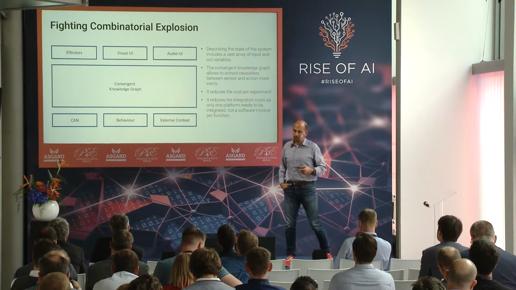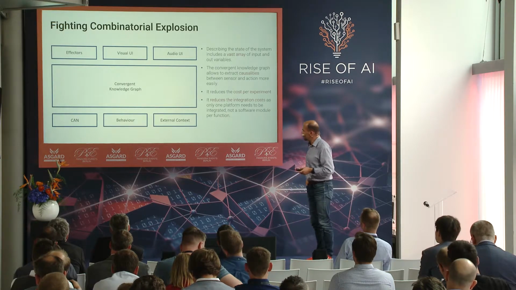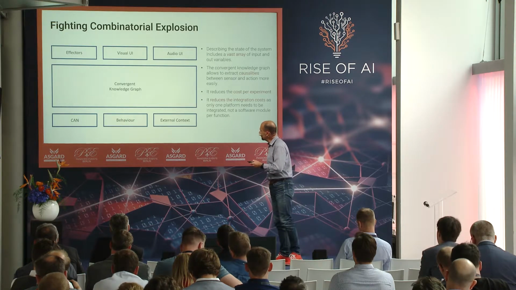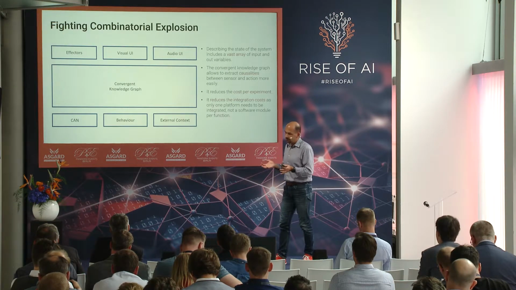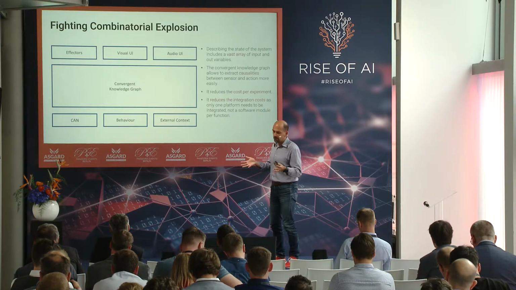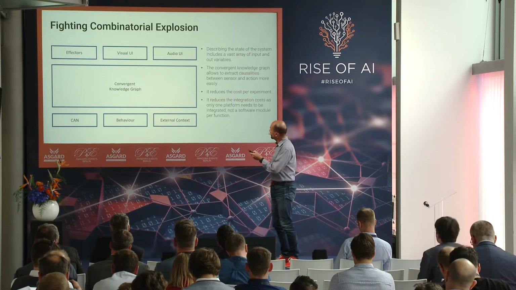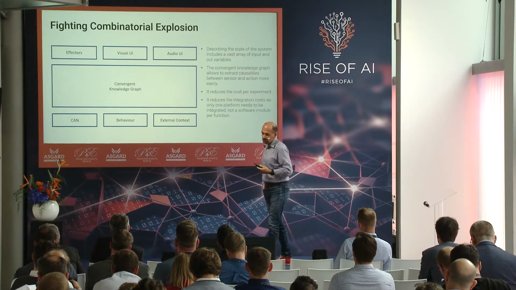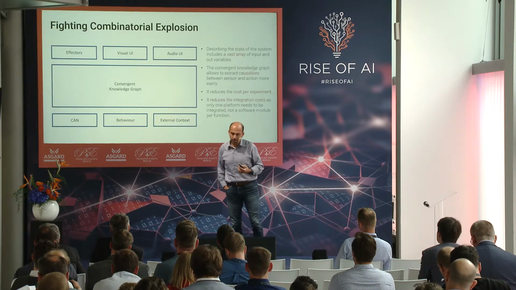A second thing in the automotive industry is you not only have the CAN bus data, but you have the user behavior, you have external context, like all of the sensors that are looking out of the car, plus you have the different interaction schemes that you can have with the user.